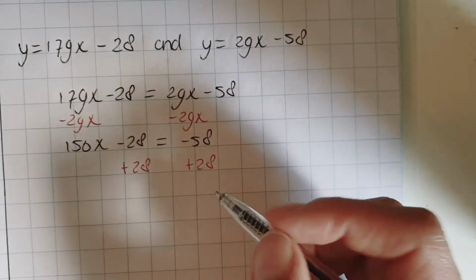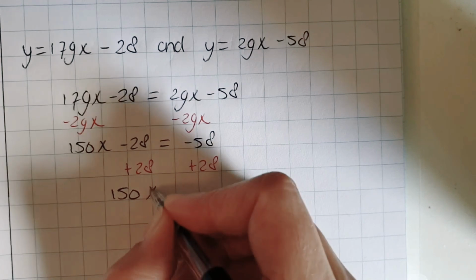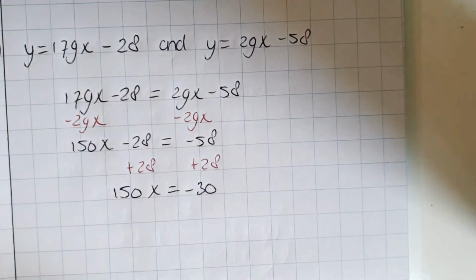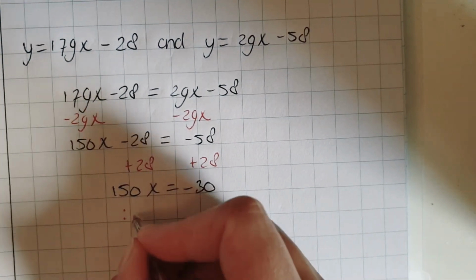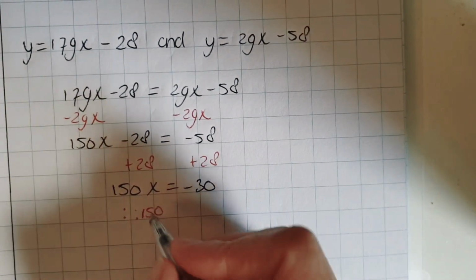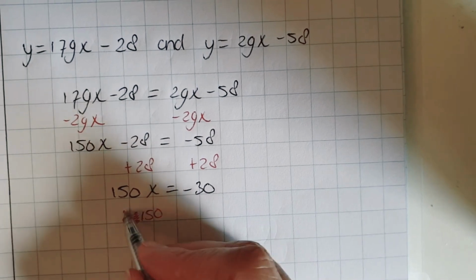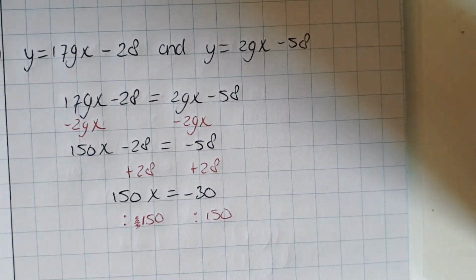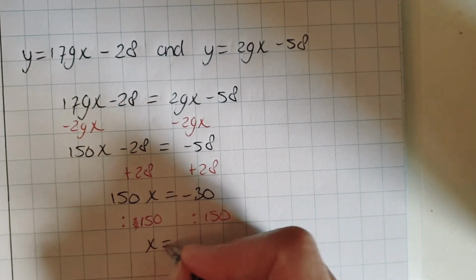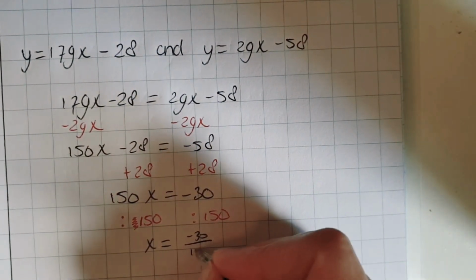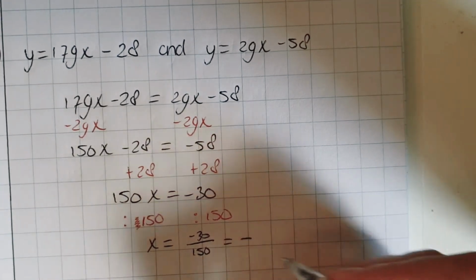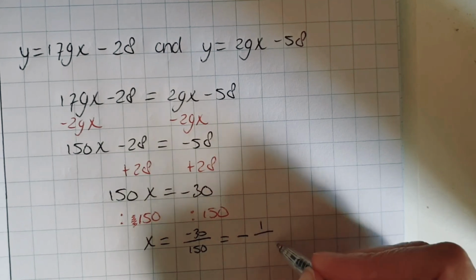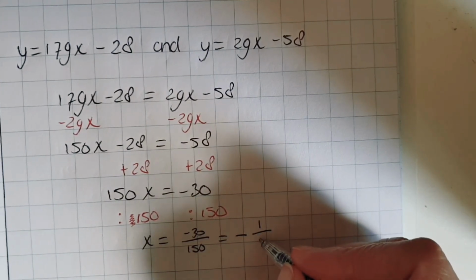But I always like to do the letters first. Minus 51 plus 28 is minus 30, divided by the number in front. Oh, oops. Divided by 150, divided by 150. So that's x is minus 30 divided by 150. So the answer is negative, and 30 divided by 150 is, I guess, 1/5.